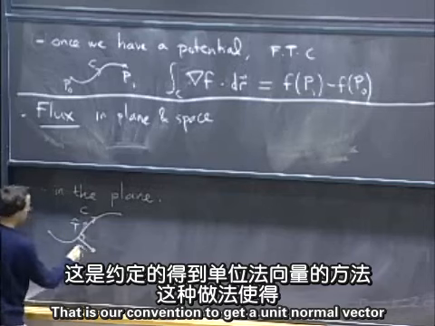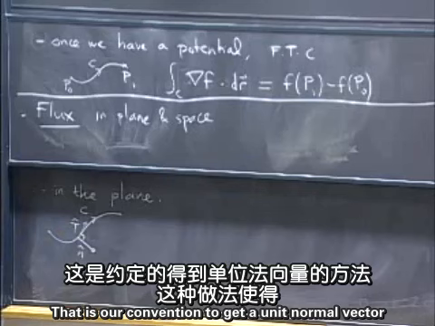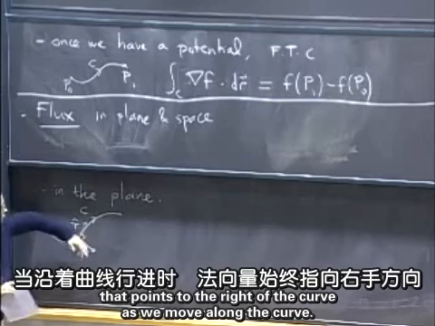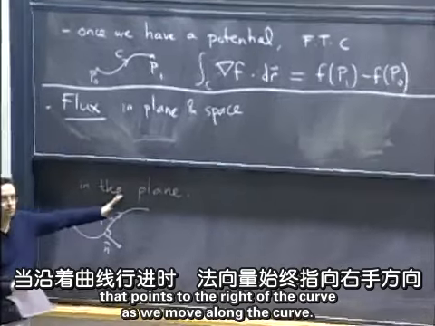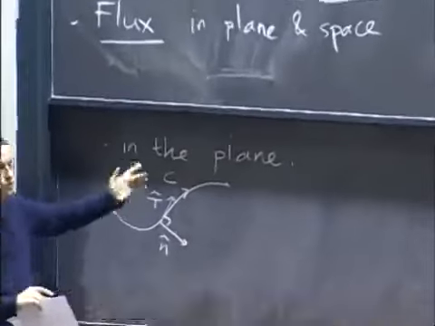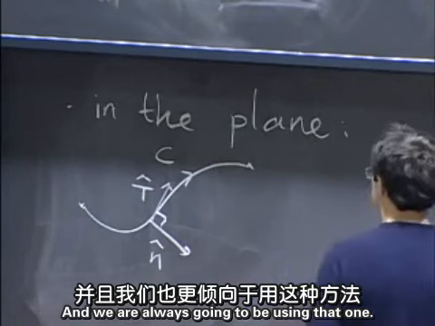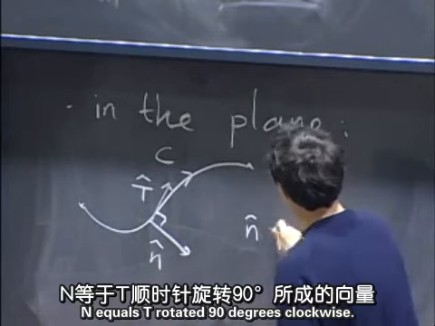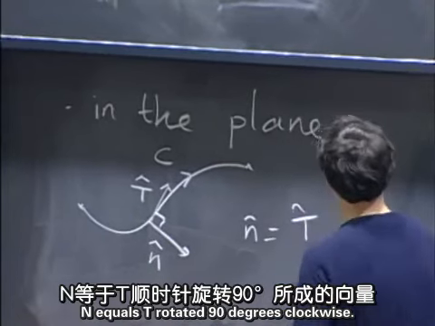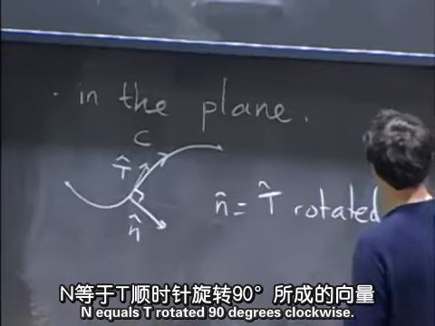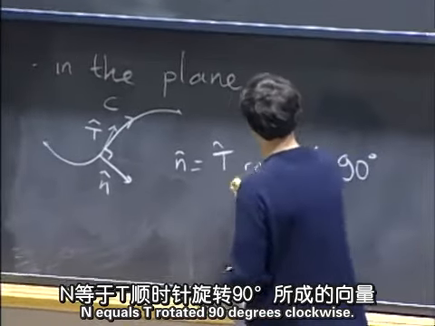That's our convention, to get a unit normal vector that points to the right of the curve as we move along the curve. So that's our convention for orienting curves, and we're always going to be using that one. So N equals T rotated 90 degrees clockwise.